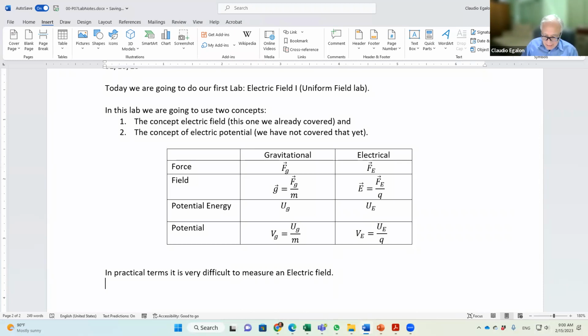It is much easier to measure this quantity we call the electric potential.